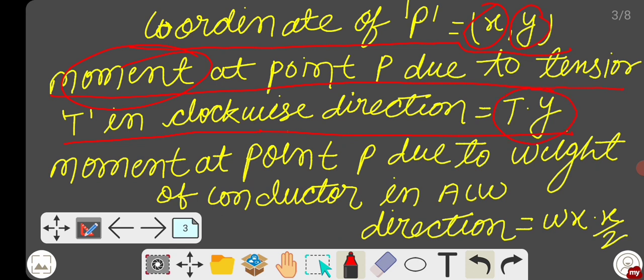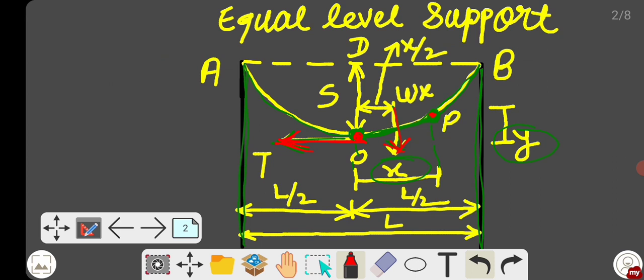Now here, as we can see, the weight of the conductor is acting vertically downward at the center of the wire length, that is OP. We suppose that the weight of the conductor per unit length is W kg.